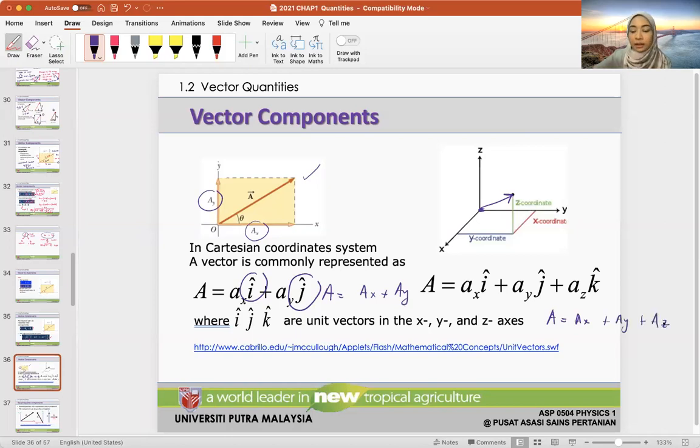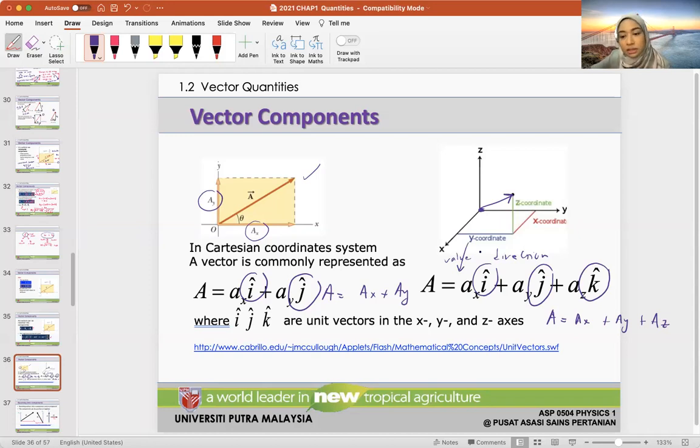This will refer to your X direction, Y direction, and the Z direction of the coordinate. This indicates the direction, and this is the value. I am showing this as an intro.